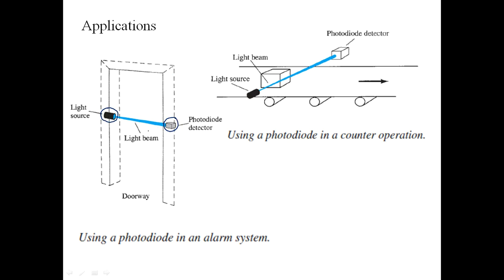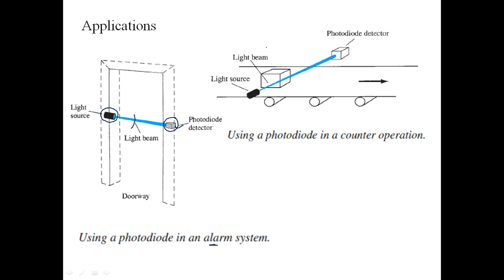Now when somebody crosses here, light is obstructed, right? So whenever light gets obstructed, there is no current flowing through a photodiode. So when there is no current flowing through a photodiode, the sensor just activates and it gives a sound, or an alarm, right? So these things we usually observe in the security systems, right? Airport security systems.